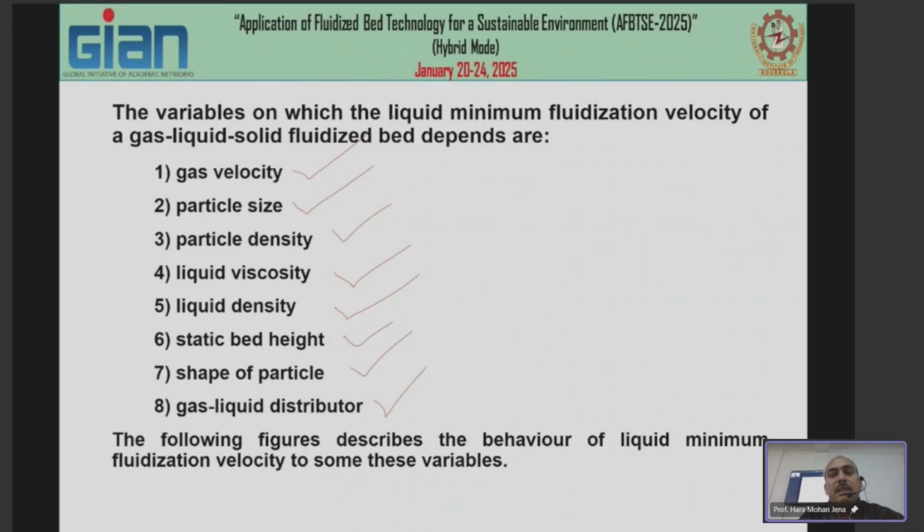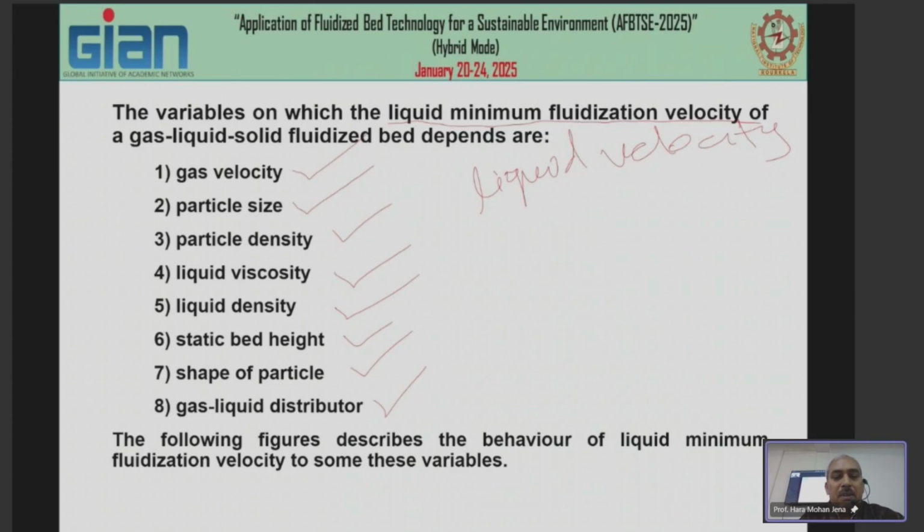Because it is the liquid minimum fluidization velocity that is mentioned, the liquid velocity is not written here, whereas the liquid velocity is also a variable. But since it is the liquid minimum fluidization velocity, its dependence is written, and that's why the other factors are there, because liquid is the continuous phase. So it's a minimum fluidization velocity we are going to determine.